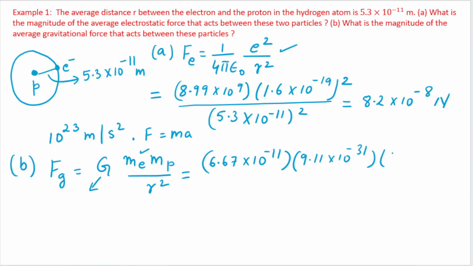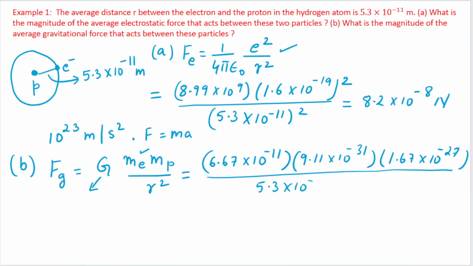And the mass of the proton is 1.67 into 10 to the power minus 27 kgs. This whole thing is divided by 5.3 into 10 to the power minus 11 whole square. If we simplify this, we get a value of 3.6 into 10 to the power minus 47 Newton.